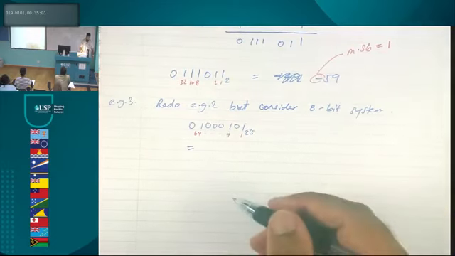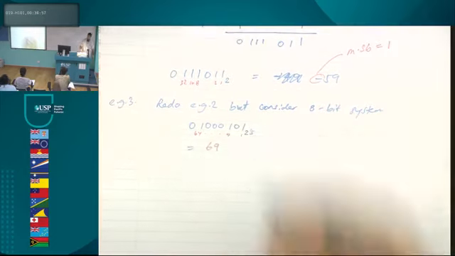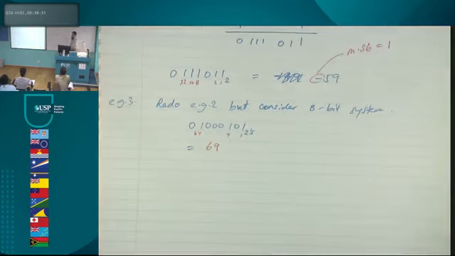What do you get? 69. Can you see? By changing the number of bits, we didn't change the pattern, we just changed the number of bits.